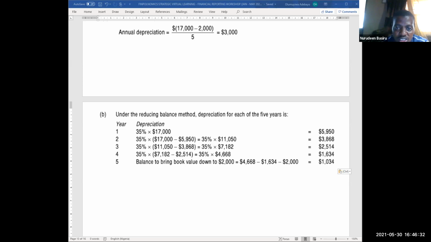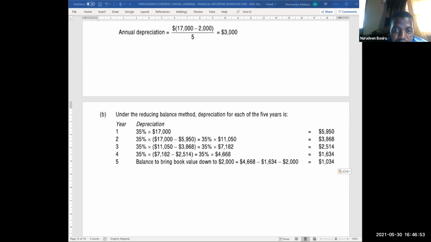Then we charge 35% of that, and our depreciation is $1,634.